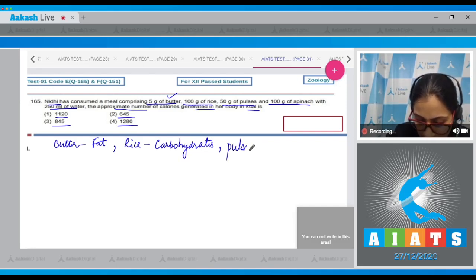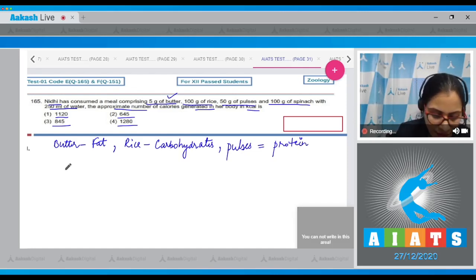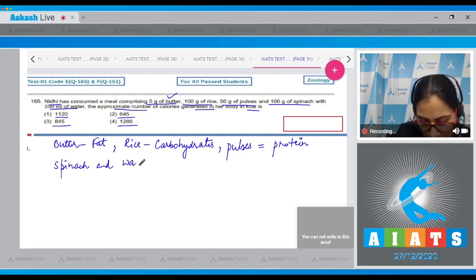pulses are source of protein, spinach or any salad, and water, they have no calorific content.